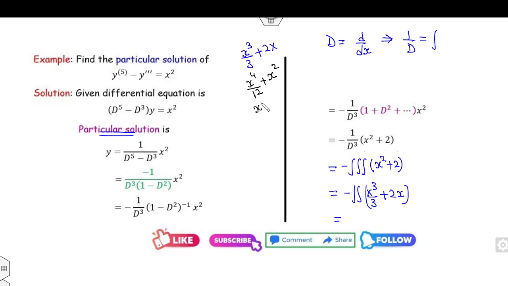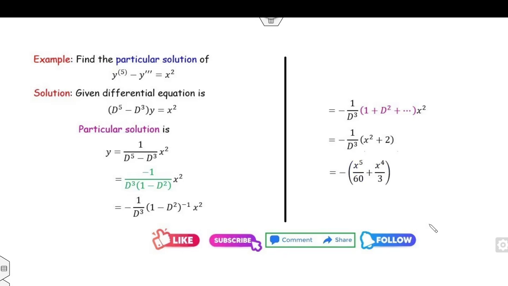Then another one is x raised to power 5 over 60 plus x cube over 3. So the answer of this is minus x raised to power 5 over 60 plus x cube over 3, which is the right answer of this problem. This is basically the third derivative inverse of x square plus 2.